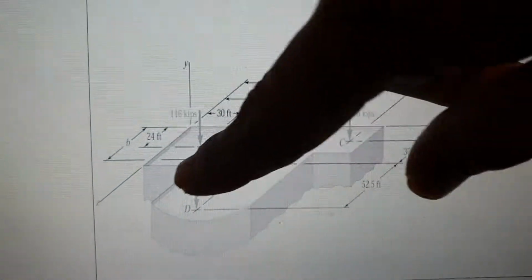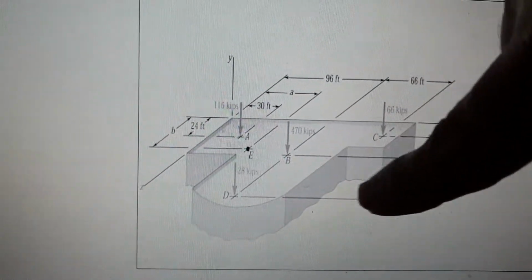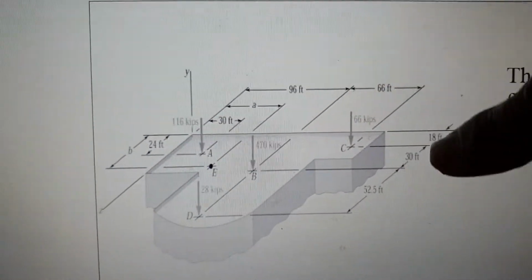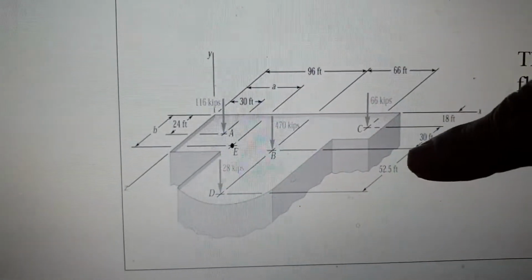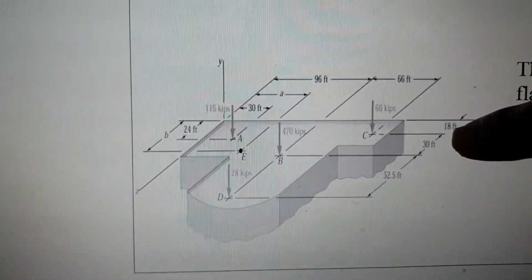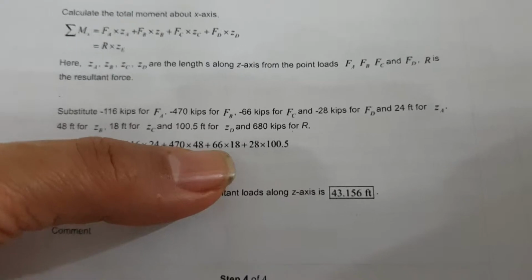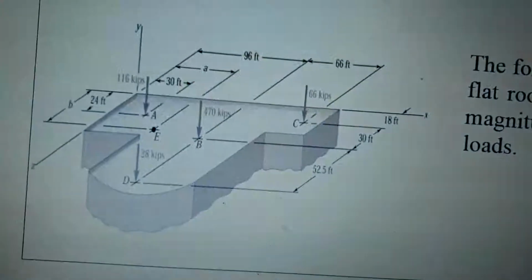What is the distance? Of course, in the z-axis toward the x-axis. So you can see that this is the direction, and you can see this and this. 30 plus 18, that's 48. So 470 times 48.